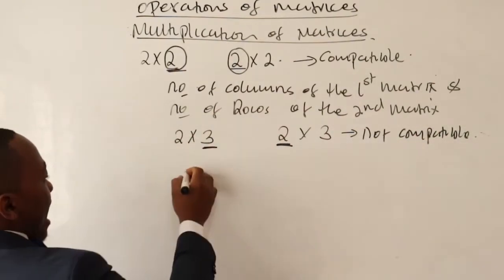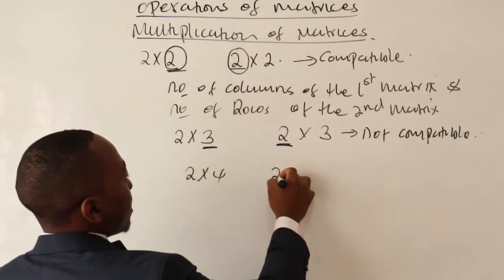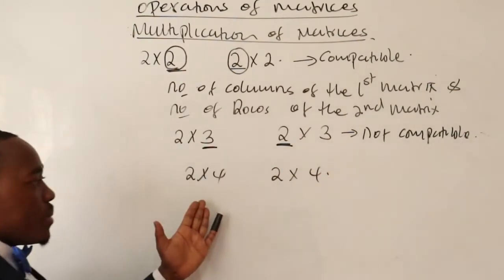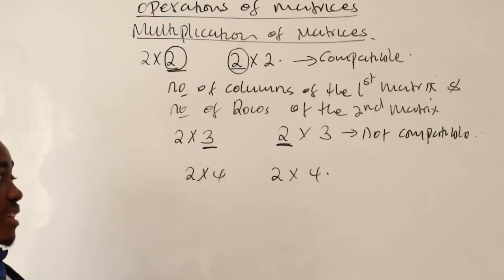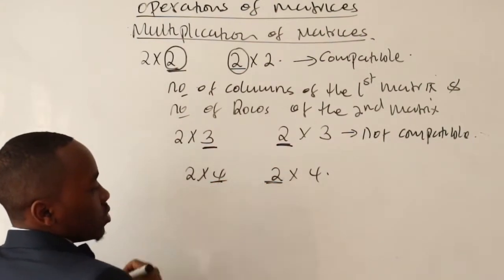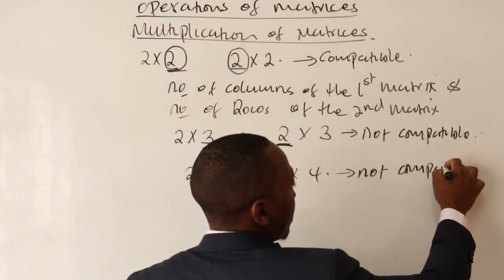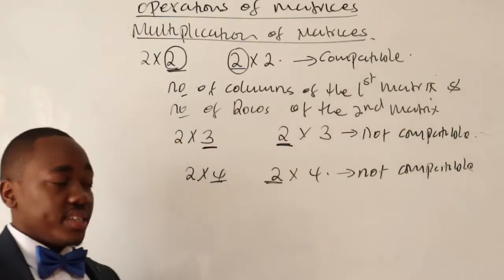What if you have a 2 by 4 and another 2 by 4 matrix? Is it compatible? We are looking at 4 and 2. Still that one is not compatible. When it's not compatible, that means you cannot solve it.